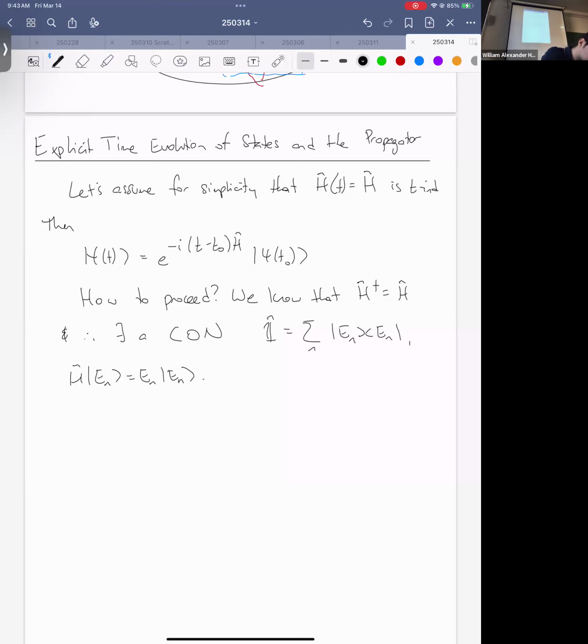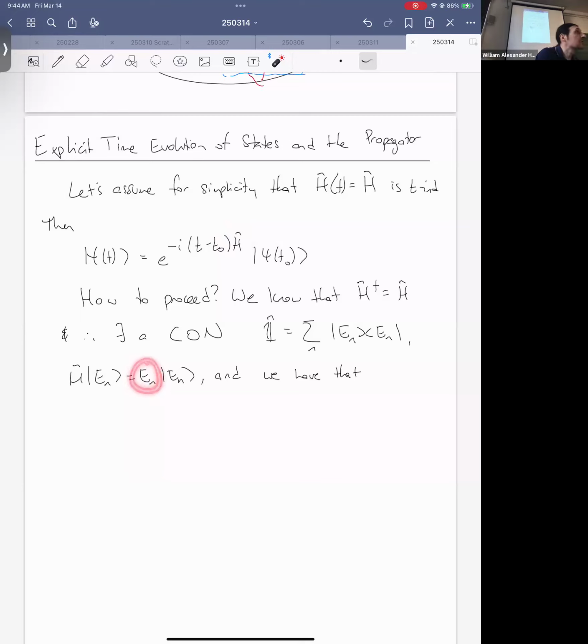So now I have a 1. One of the very few things that we can do is insert 1s, and insert them judiciously. Why do I want to insert a 1 judiciously? I don't like operators.